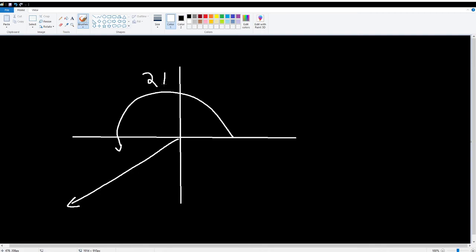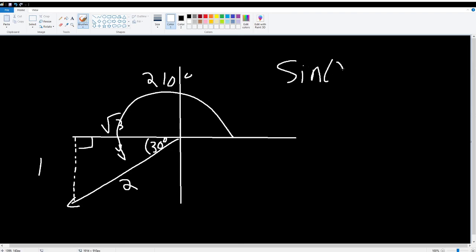So this is 210 degrees. That means this here right now is 30 degrees. And you can always draw a triangle. This would be 1, this will be square root of 3, and this would be 2. So you can always draw the 30, 60, 90 triangle. So you know that sine of 210 degrees is equal to sine of 30 degrees.